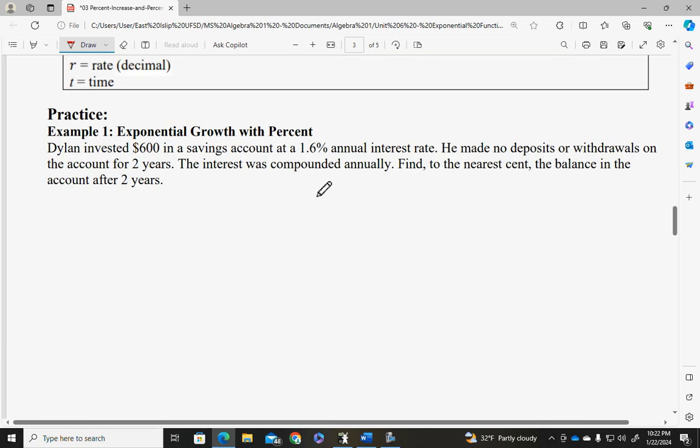So let's look at example 1. Dylan invested $600 in a savings account at a rate of 1.6% annual interest rate. So annual interest rate means that it is growing annually, meaning each year. So I'm going to take this number and do 100% plus 1.6% to get 101.6%, change it to a decimal, 1.016.